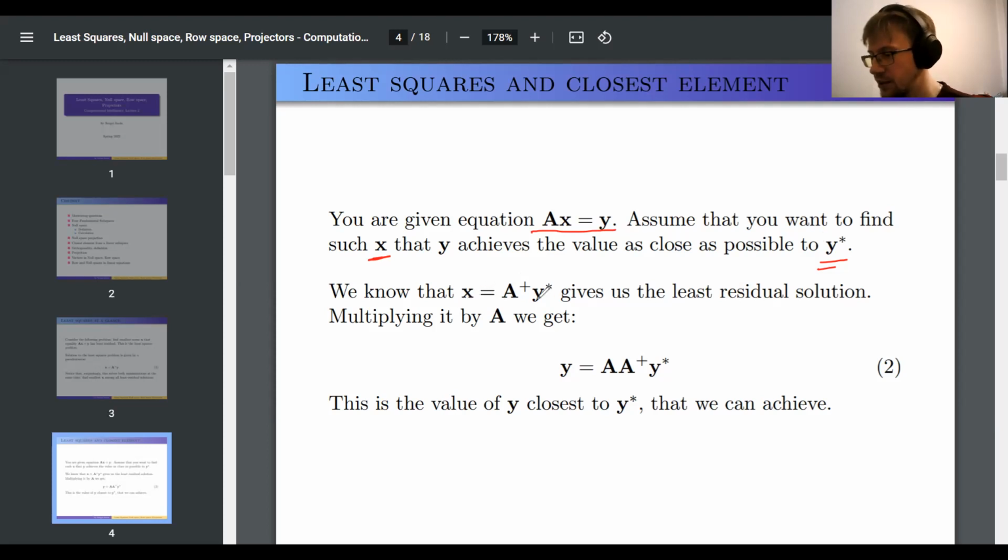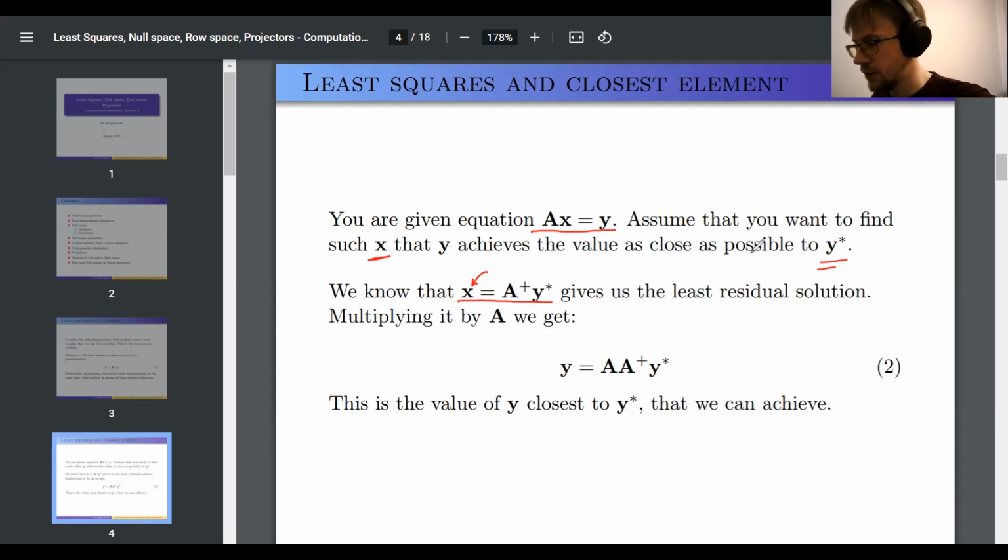So that is a least residual problem, right? Minimizing the distance between Ax and y star is a least residual problem. So here it is. This is a least residual solution to this problem. This x will make sure that the distance between Ax and y star is the smallest.